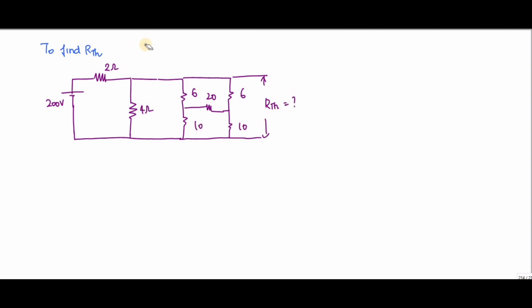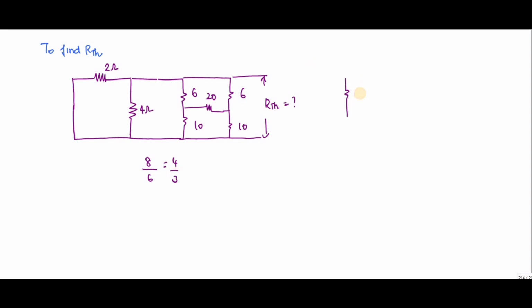You should not have any sources, so since this is a voltage source, I can remove it only by shorting these two terminals. Now you can see these 2 resistors are in parallel, so 8 into 6 divided by 14, what is that? It is 1.33. So I can redraw the circuit like this.